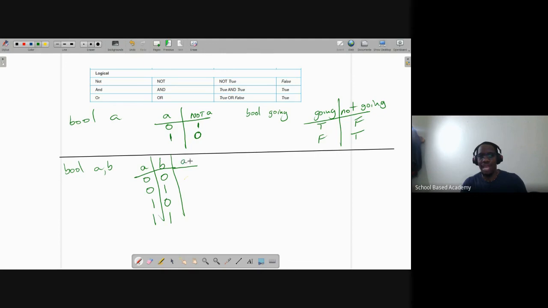And we have A and B together. The rule with AND is that both have to be true for the expression to be true. So if I tell you we are going on a trip and you have to have $50 and you have to have permission from your parents, we could say that A represents the $50 and B represents permission.